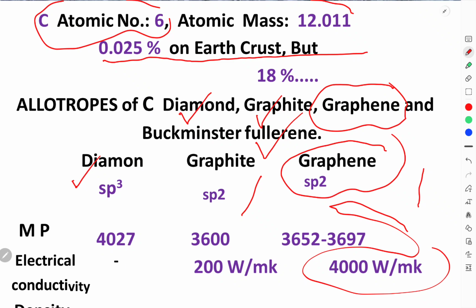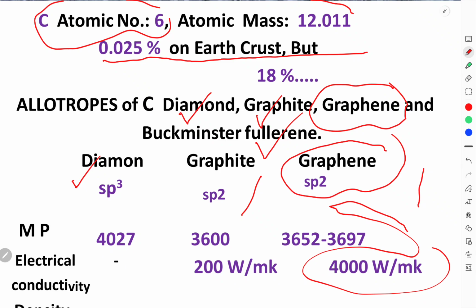But when graphite is converted into single-layer graphene, that odd electron becomes highly mobile. Friends, generally I ask the question, if carbon is sp2 hybrid, is graphite stable? Is graphene stable?